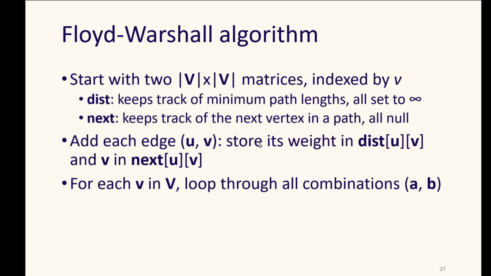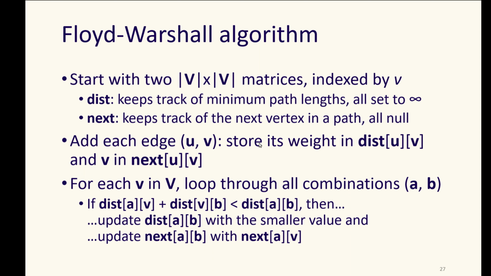Then for each vertex, we loop through all combinations of A, B. So we're going to look at all pairs of vertices, an expensive operation, certainly. And if the distance from A to V plus V to B is less than the distance of A to B, then we'll update the distance of A to B with that smaller value, and we'll also update the next of AB with the next of AV, meaning that we will connect this AB path to the A to V path.